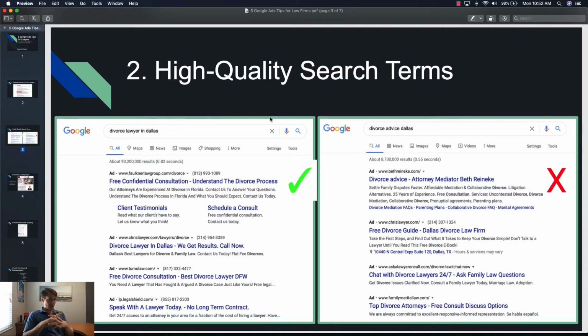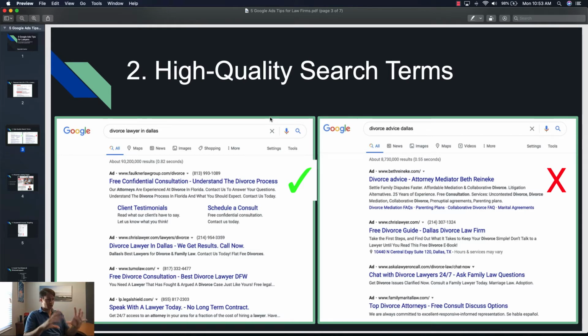And what I mean by that, if you look at the screenshot to the left, you can see the search is divorce lawyer in Dallas. And now if we take a look at the second ad here, going back to the first tip, it's highly relevant, that second ad.